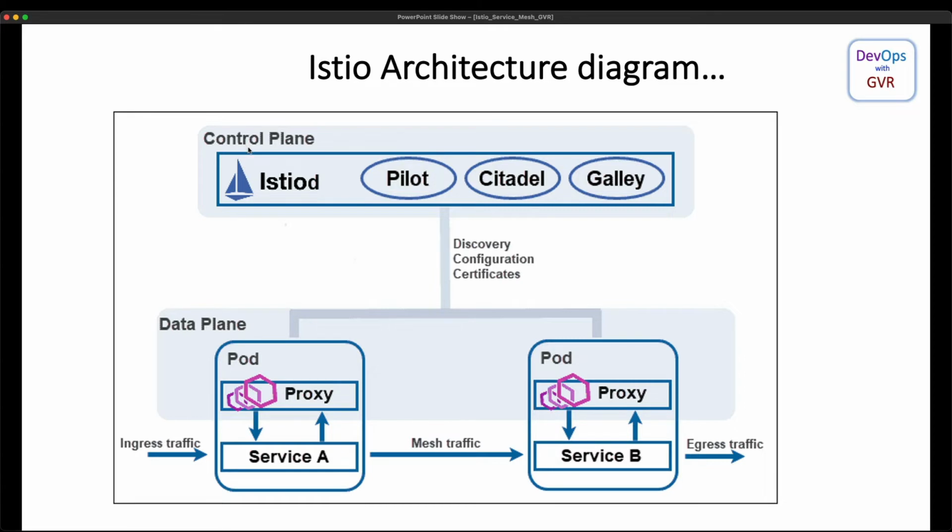And the Istio control plane internally has Pilot, Citadel and Galley. These three exist internally in the control plane component as a Kubernetes admission controller that does the discovery, configuration and certification to leverage the features we enjoy by using a service mesh.